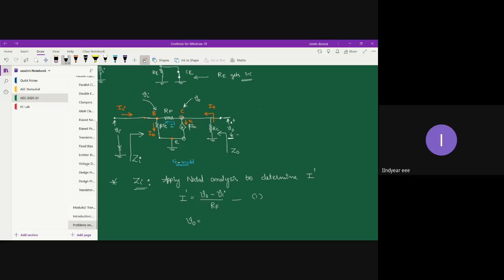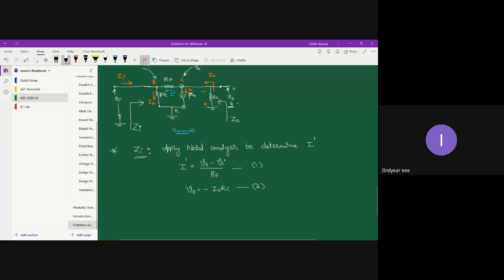We have taken the standard output voltage convention as lower side negative, upper side positive, but the actual current I naught, when it flows through the resistor RC, produces the output voltage in the flipped manner. So V naught can be written as minus I naught into RC. That will be equation 2.